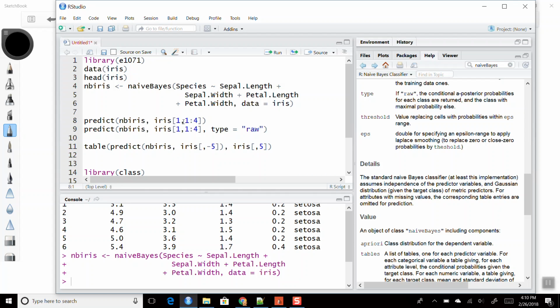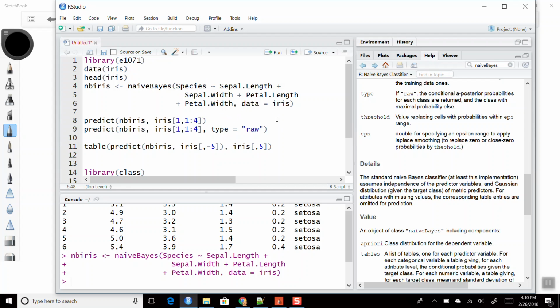Now that you have this model, you can create predictions using it. Perhaps I should subset the iris data set so it's not the full data set. Basically I trained it on the full data set, so of course the predictions will be good.